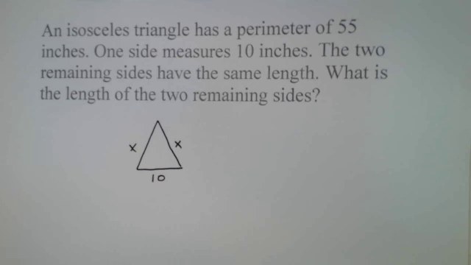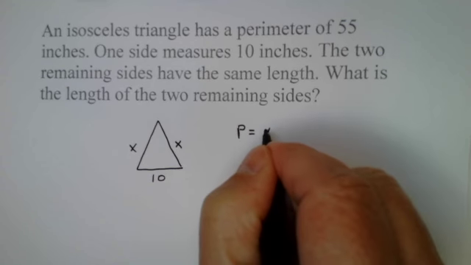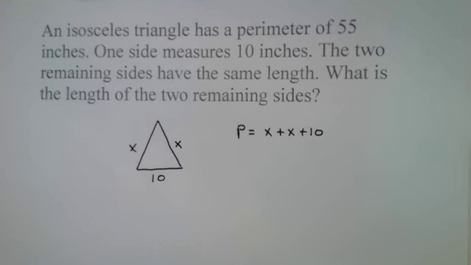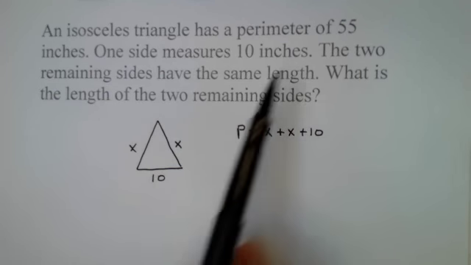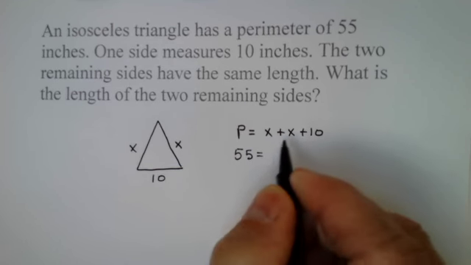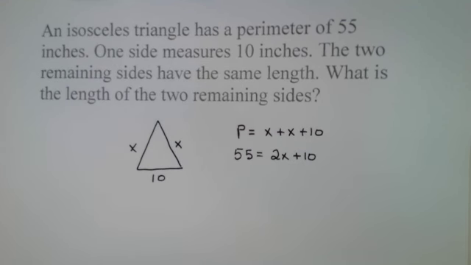Remember, to find the perimeter of this, I need to add up all the sides. One side is X, another side is X, and another side is 10. It tells me what the perimeter is. It's 55. I'm going to combine like terms over here. X plus X is 2X. I've got an equation I need to solve.